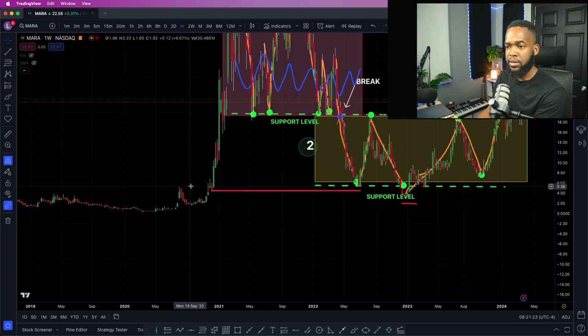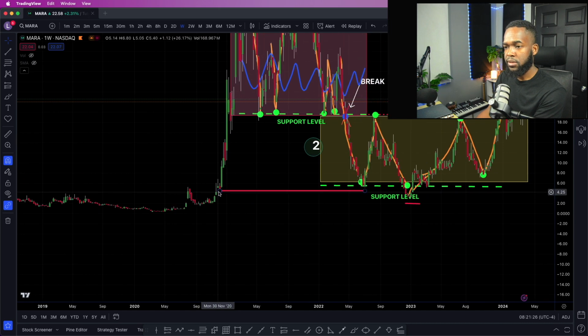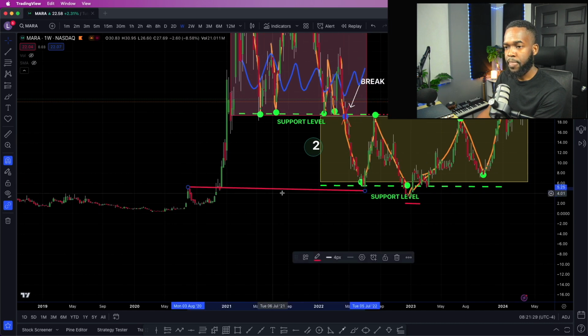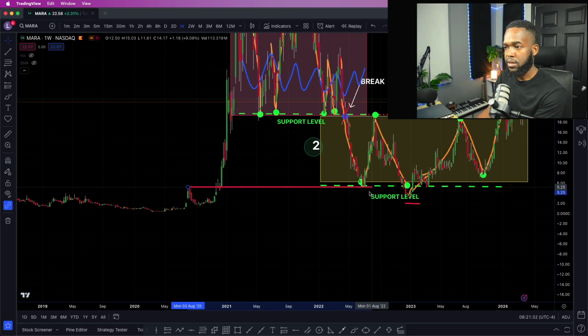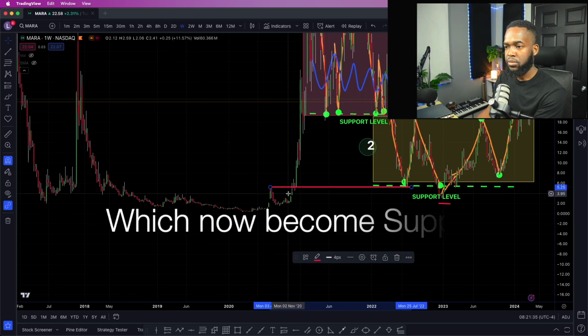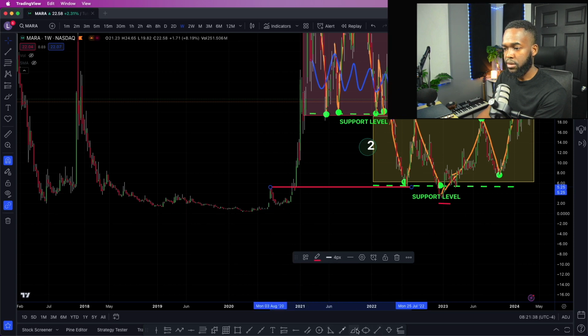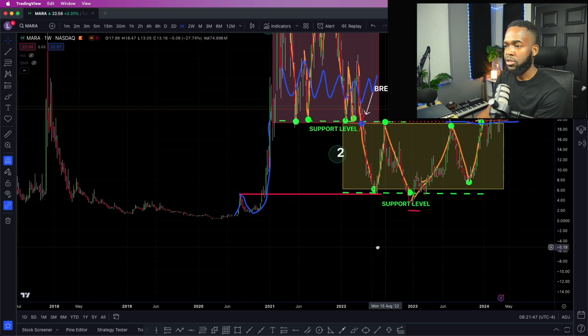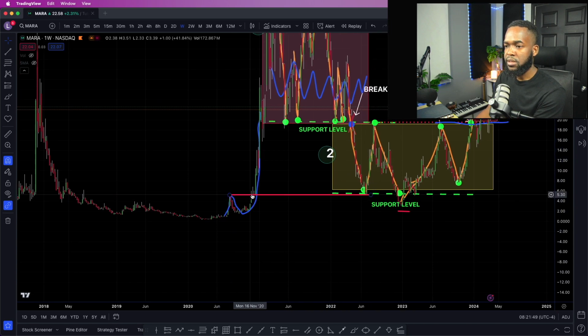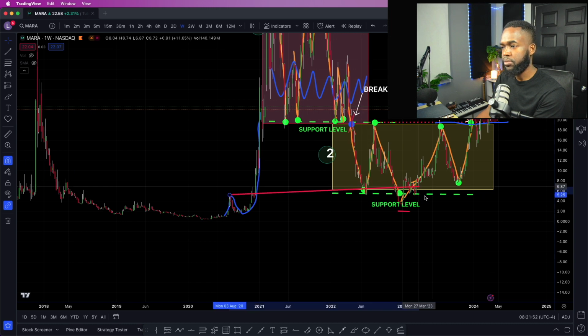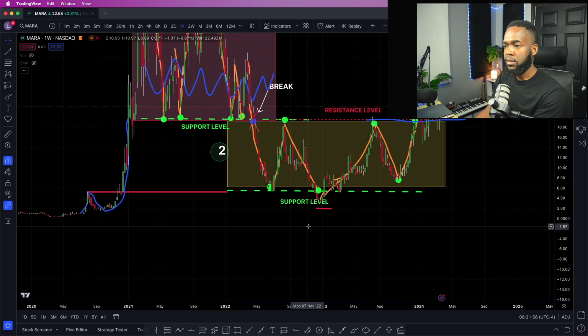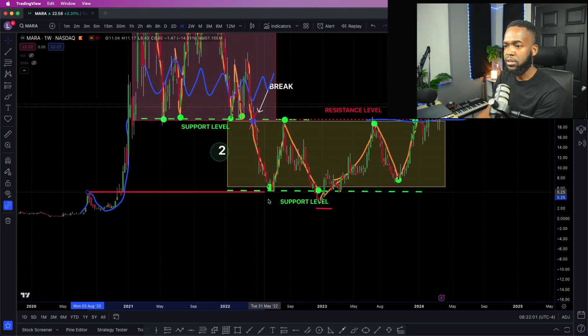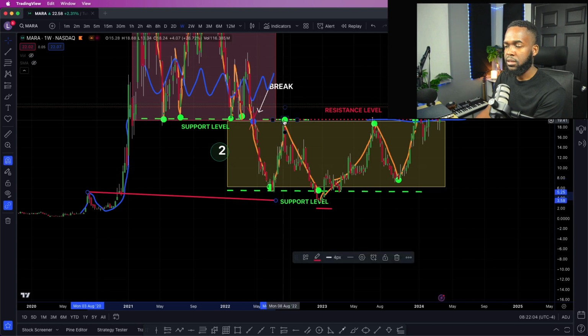This level can be your target because this area was a resistance level, because price came here and reversed and went up. That's why this resistance level now becomes support. That's why we have this support level here, and as you can see, price bounces to this level and goes up.